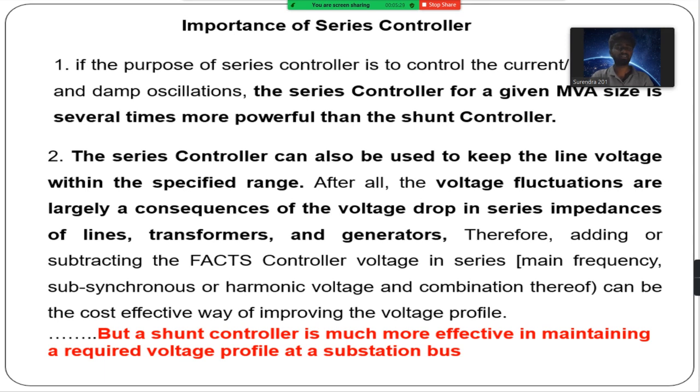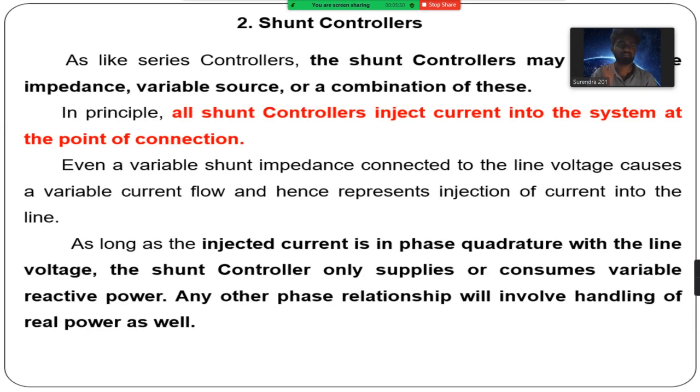Therefore, adding or subtracting the FACTS controller voltage in series can be a cost-effective way of improving the voltage profile, but a shunt controller is much more effective in maintaining the required voltage profile at a substation bus. So this is the importance of the series controller, and we will see the second one, the shunt controllers.